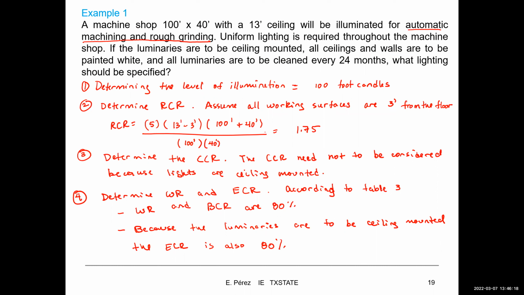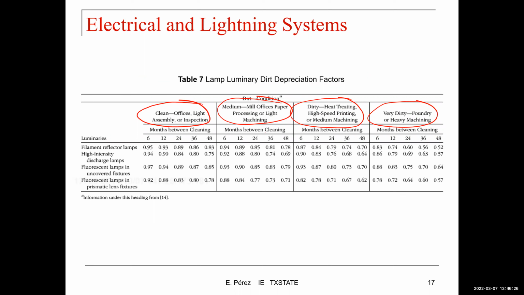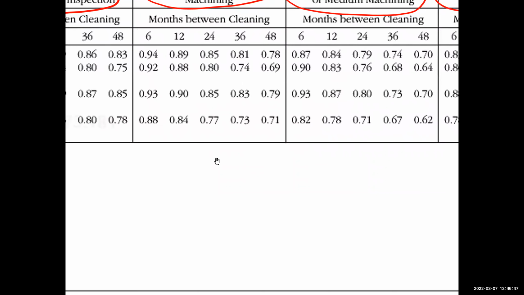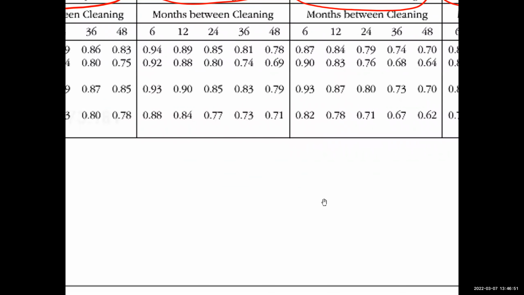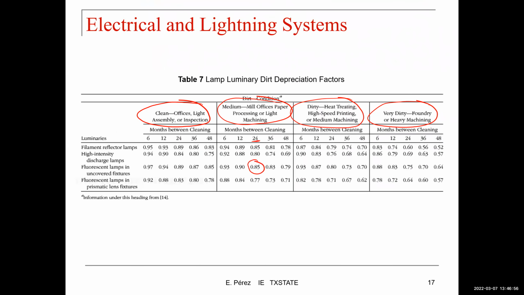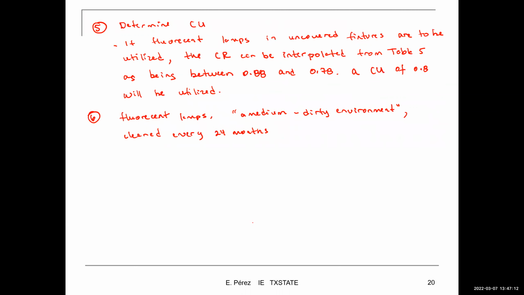If we go to table 7, light machining, every 24 months, and fluorescent lamps in uncovered fixtures, that's 0.85, right? This is the LLF. So LLF equals 0.85.